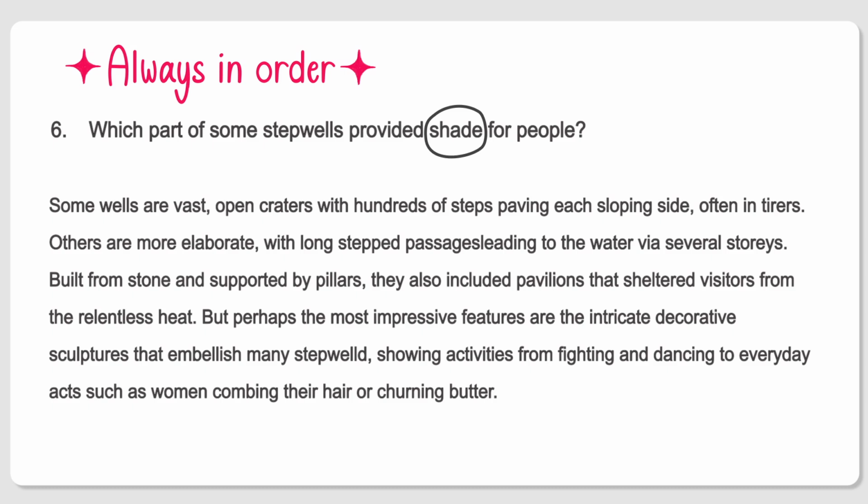Now we come to this paragraph, as you can see. In the middle of the paragraph, we find sheltered. Shelter can be kind of related to shade, right? So we read the sentence from the beginning.